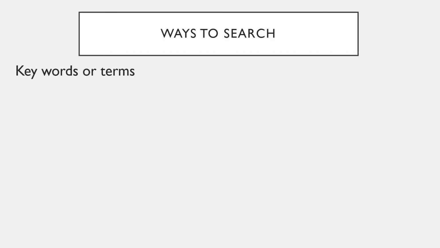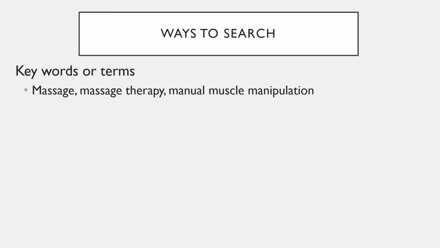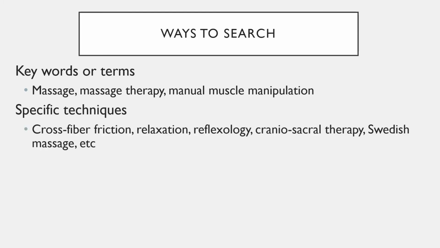So some ways that we can do those searches, remember, we can put in key words or terms. So we can use words like massage, massage therapy, manual muscle manipulation, all of the different ways that massage gets categorized. We can also look at specific techniques.